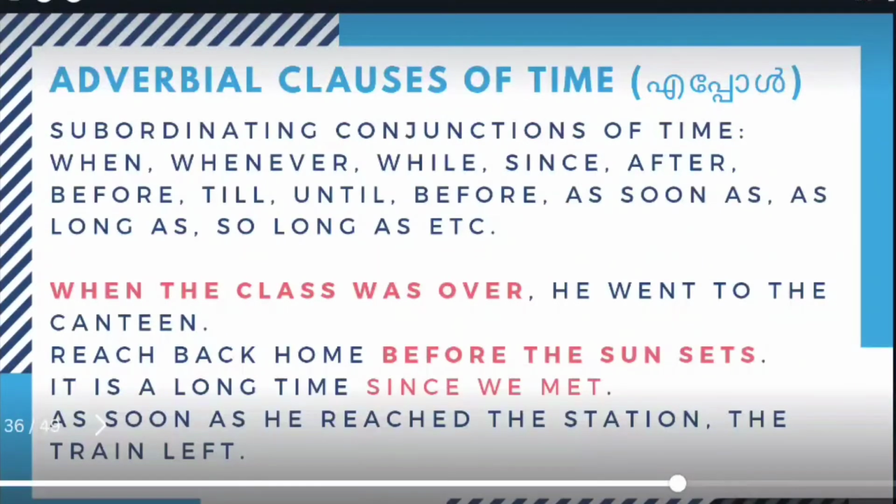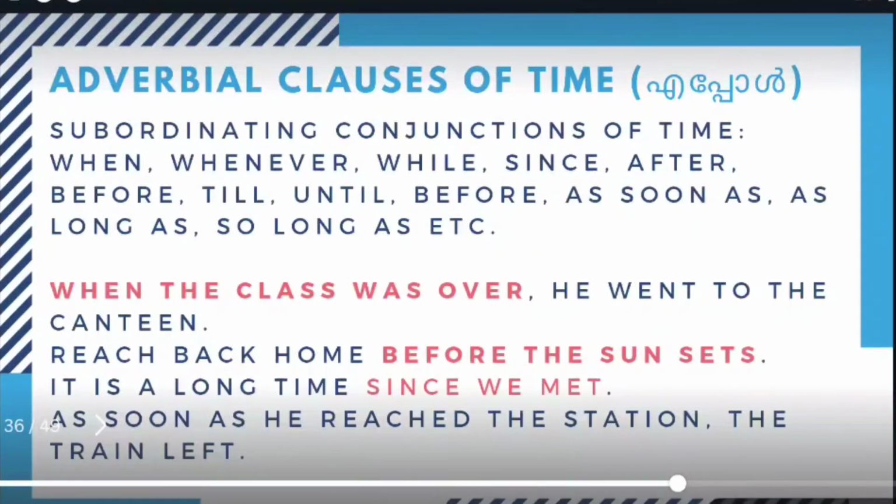That is, adverbial clauses of time begin with conjunctions like when, whenever, while, since, after, before, till, until, as soon as, as long as, so long as, etc. So these are some of the subordinating conjunctions which are used to describe the time of action.